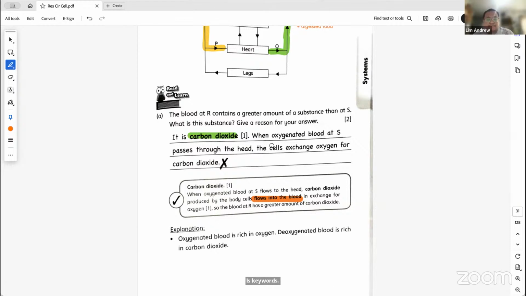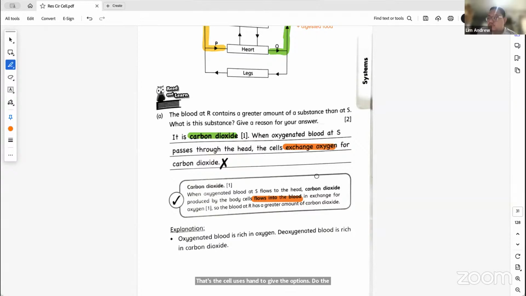These students here put "exchange oxygen." In fact, in English, it's correct. However, for science, it's wrong because it did not tell the examiner how they exchange. Does the cell use its hand to give the oxygen to the blood or what?